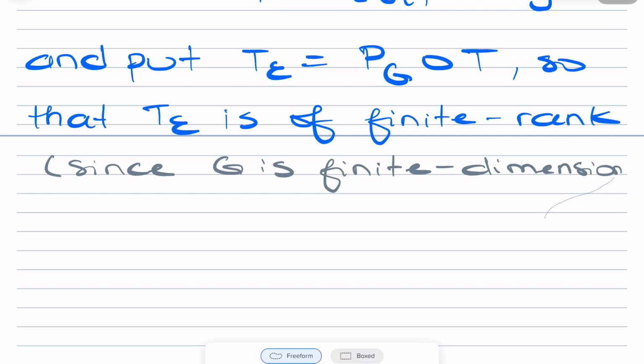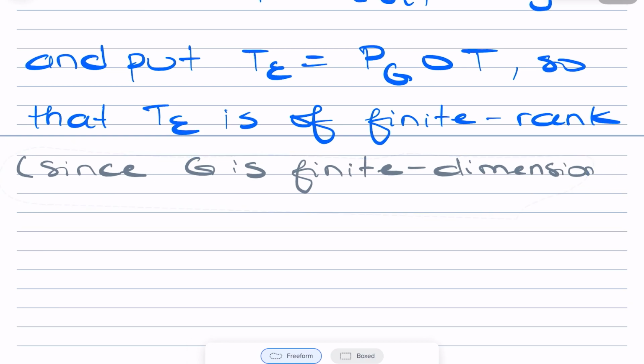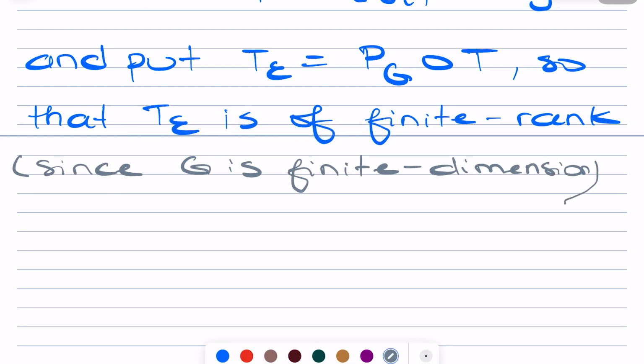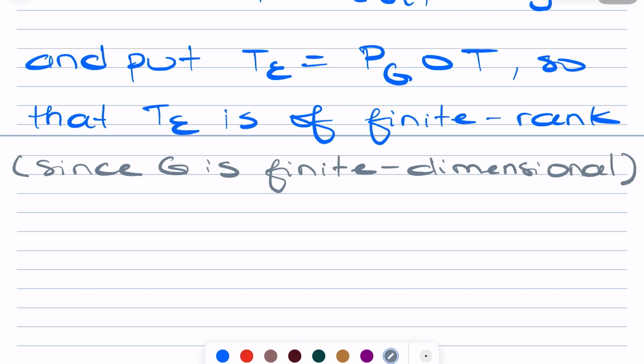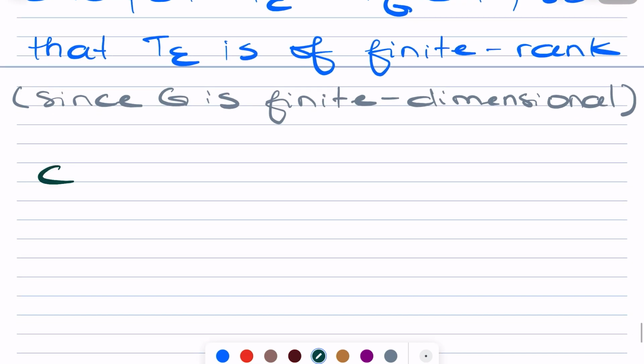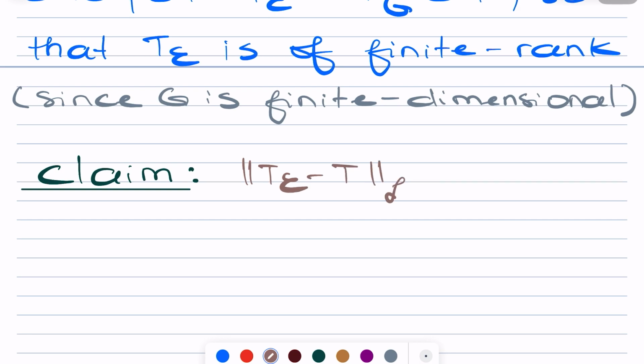The ultimate claim is that the operator norm of T epsilon minus T is strictly less than 2 epsilon.